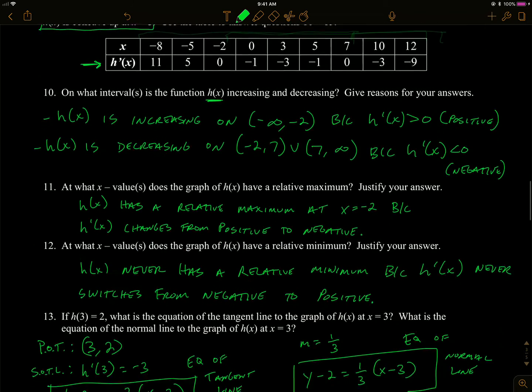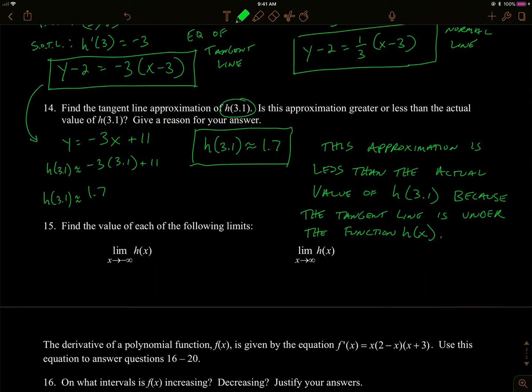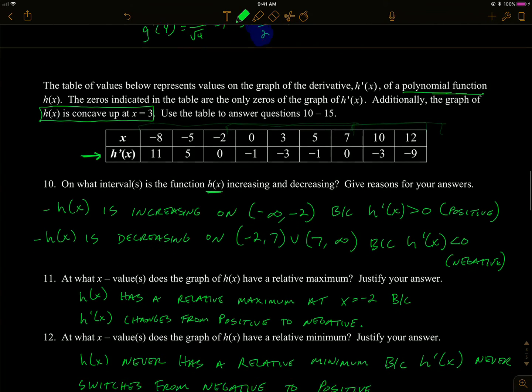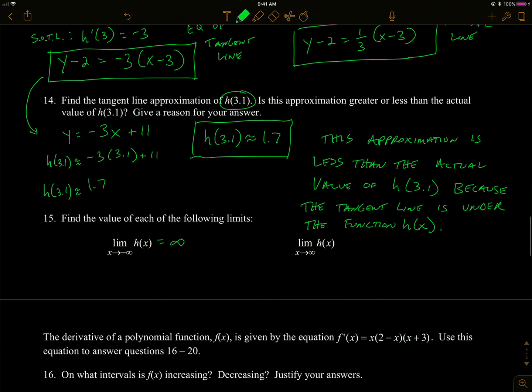So the limit seems to be going up unbounded. So we'll say it's infinity. And then as x approaches infinity, so on the right side, it seems, oh wait, I'm sorry. This is h prime of x. And they're asking about the limit of h of x.